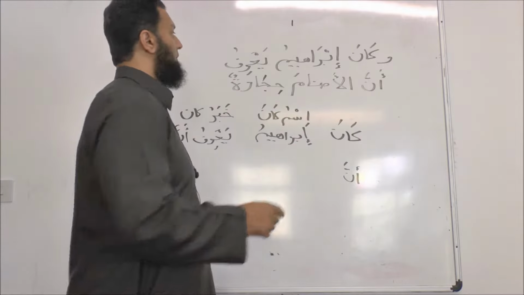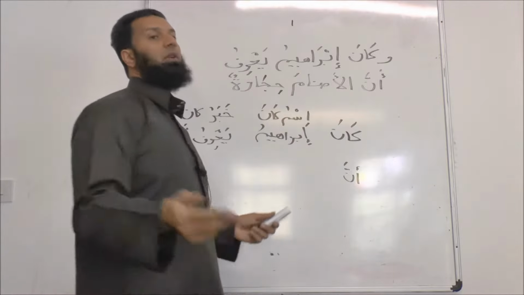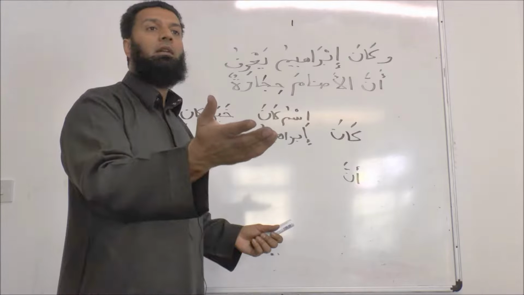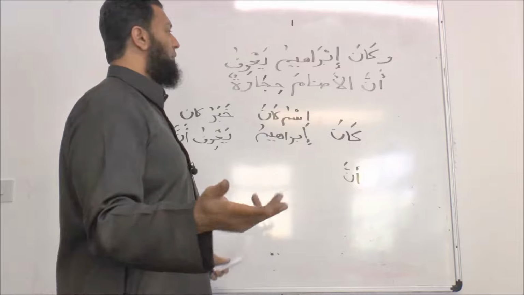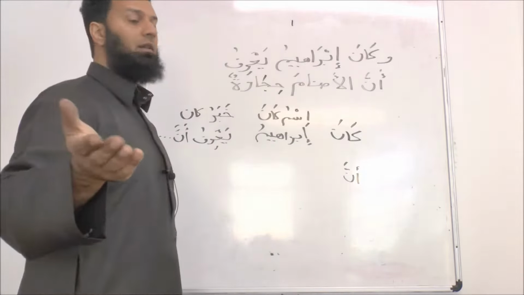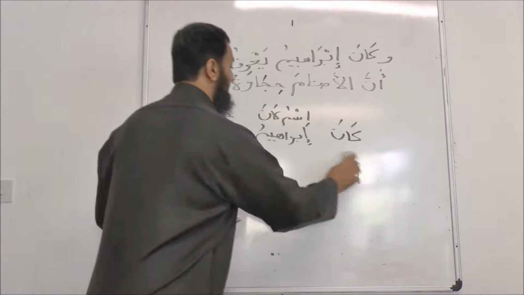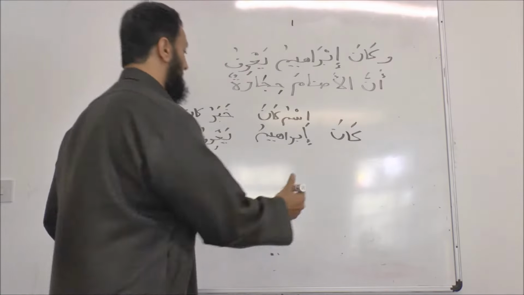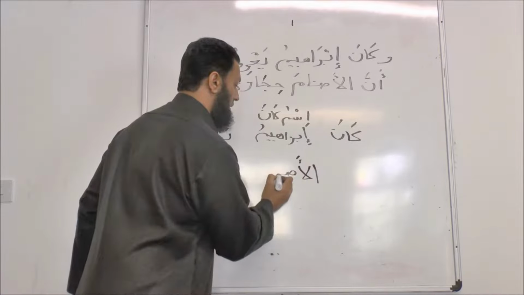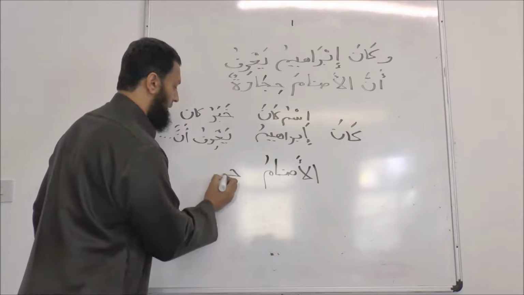So, what is this type of sentence? Al-asnamu hijaratun. What type of sentence is that? Is it something describing? No, it's more basic than that. What type of sentence is this? Jumlatun ismiyyah. So, if we remove anna for the moment, and we just write al-asnamu, right?